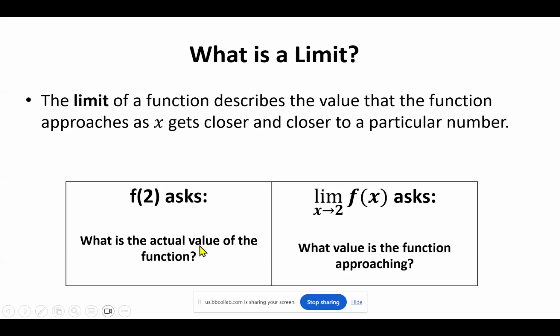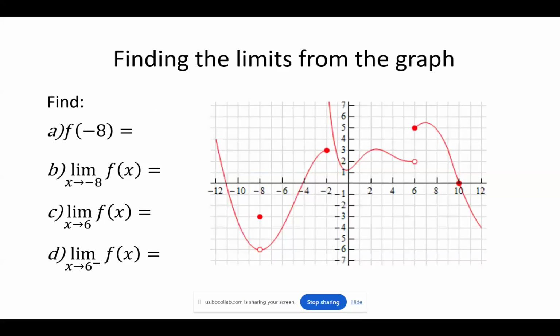That's the difference. Here, it's asking for that specific value when x is 2. And on the limit, I always like to say it's everything that happens before and after. As an example, this is a typical question. You would be given a graph and then you have to find the limits based on the graph.